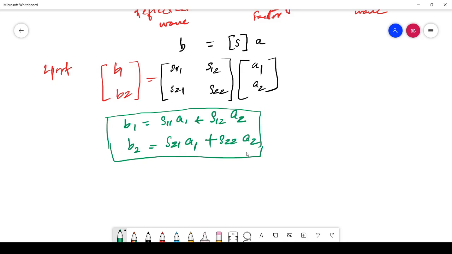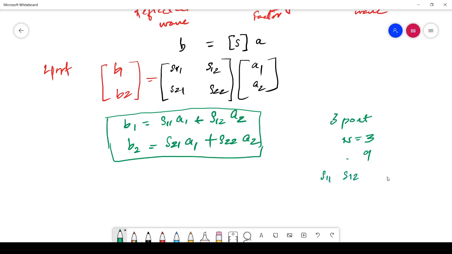So likewise I can go for a 3-port network, 4-port network, or a multi-port network. So for a 3-port network, what will be my number of parameters? For n is equal to 3, I will have 9 parameters. So what are they?